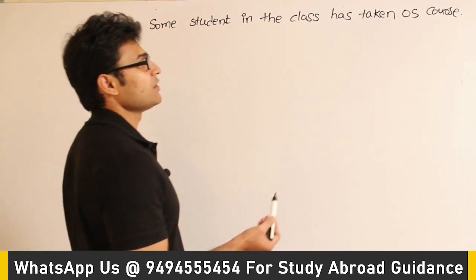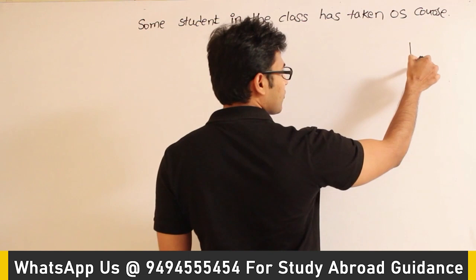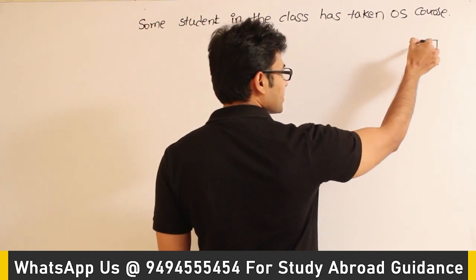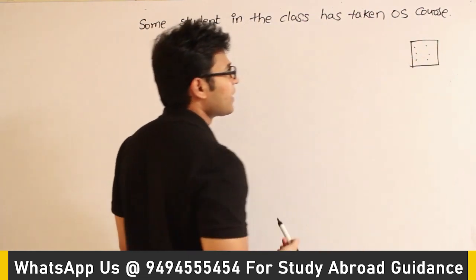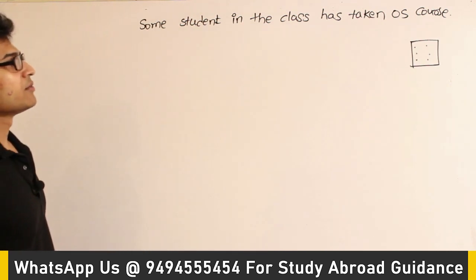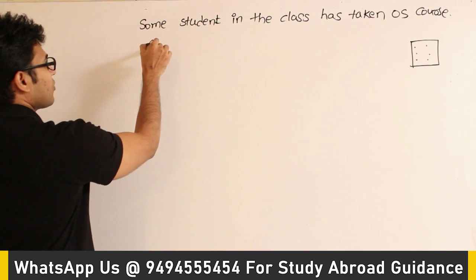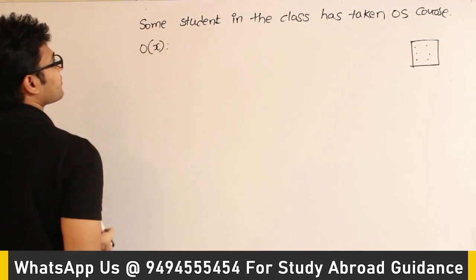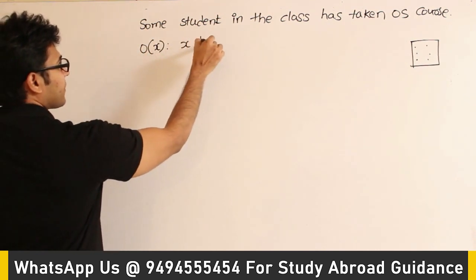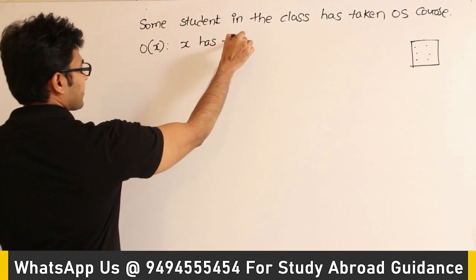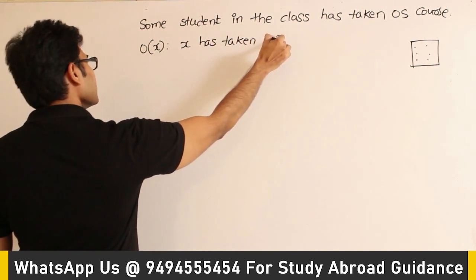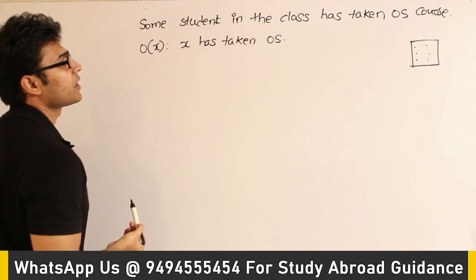So let us say the domain initially is set of all students who are present in the class. Okay. Let me use a variable X. So let me write O of X as X has taken operating system course, right?